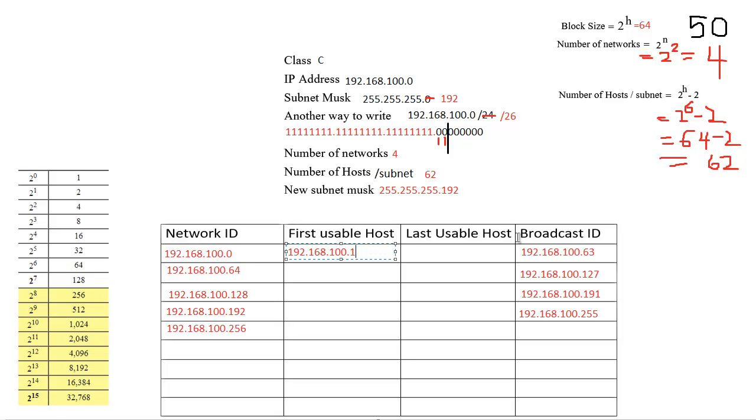The last usable host will be just before the broadcast. That means the broadcast is 63 and the last usable host will be 62. And the first usable host for this network is just next to this one, that means 65. The last usable host for this network is just before this broadcast ID, so 126.